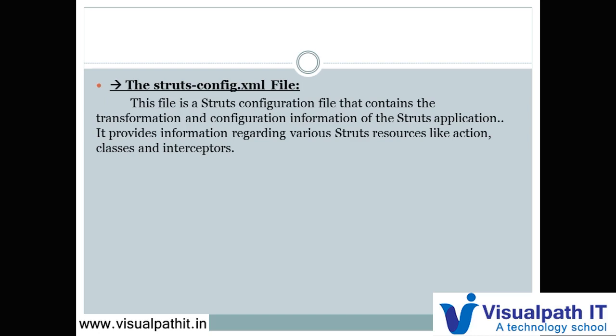It contains the navigation and configuration information of the Struts application: which page it is going to, which mapping it is going to, and the configuration. It has information about actions, classes, and interceptors. That is what we need to know.